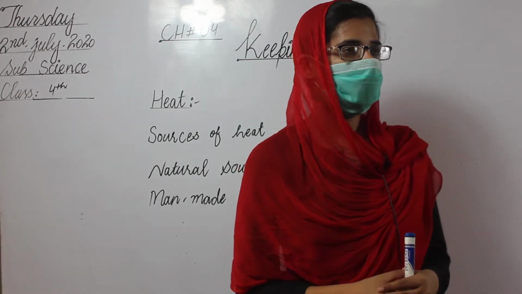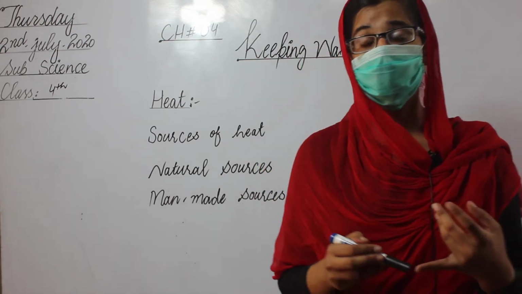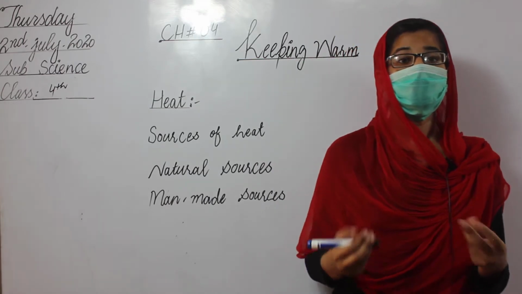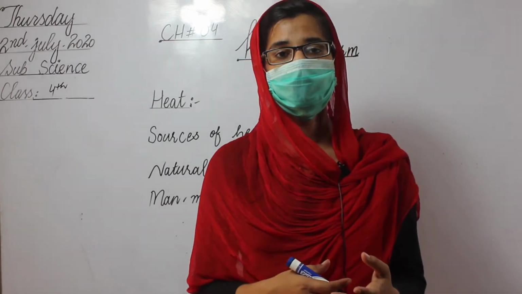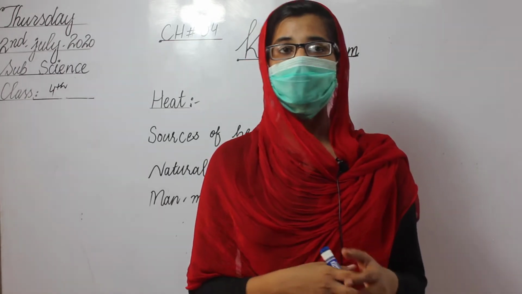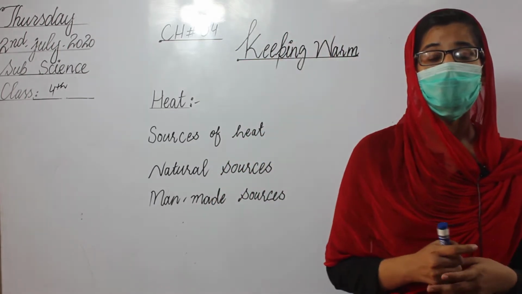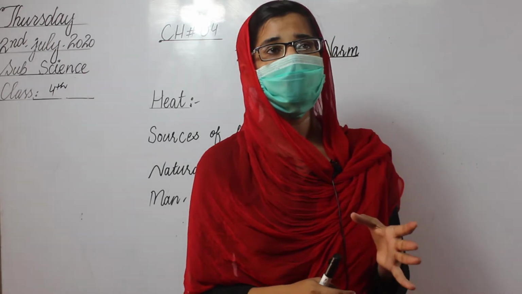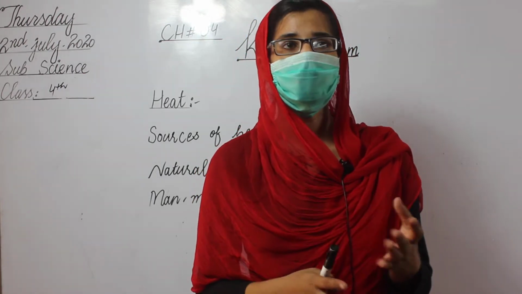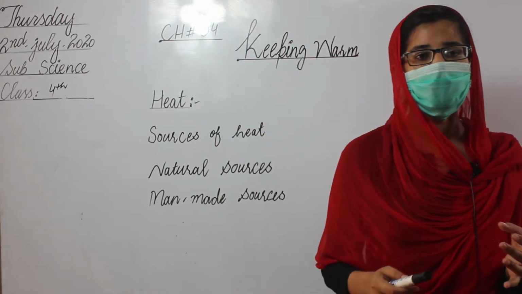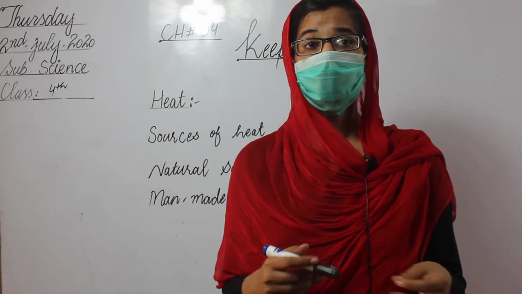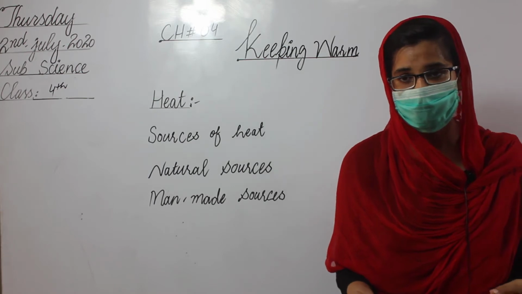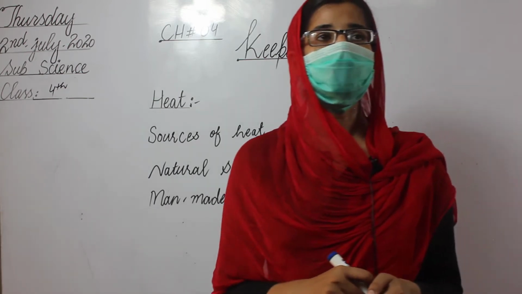For example, hair dryer, stove, oven, iron, toaster. These are man-made sources. Rice cooker is also a man-made source. Sometimes these sources are useful. For example, rice cooker and oven are used for cooking food, and an electrical iron is used to iron the clothes.